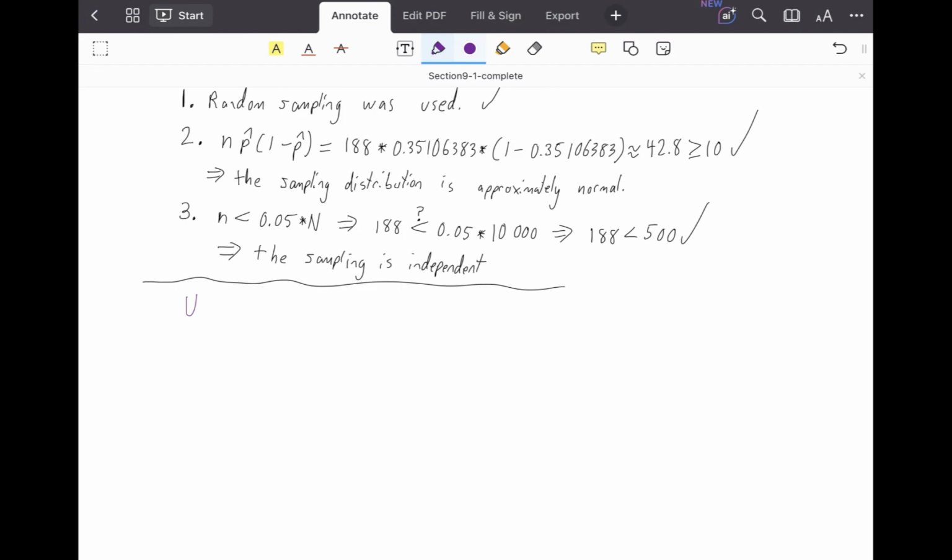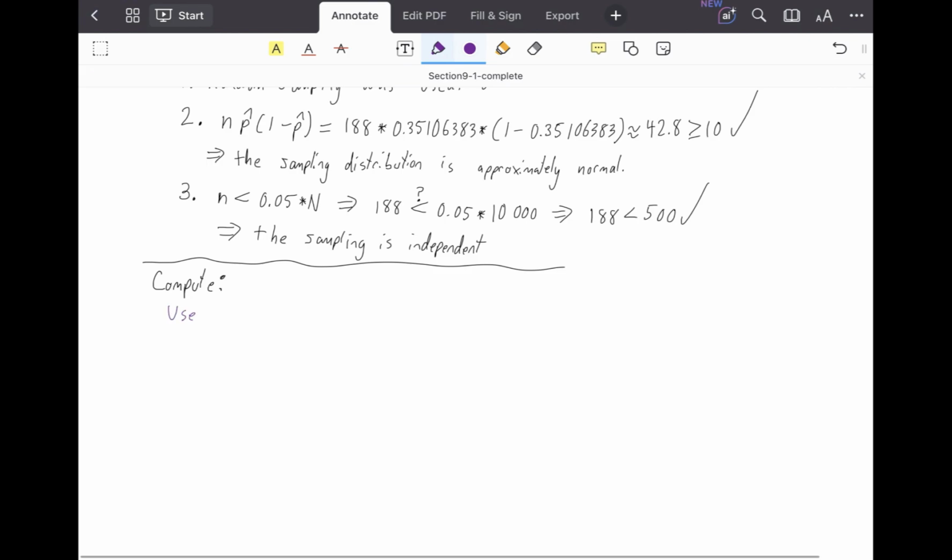So I'm just going to write here, this is our compute step. And our computations will be done with technology. So I'm going to put here, use the confidence interval Excel file.